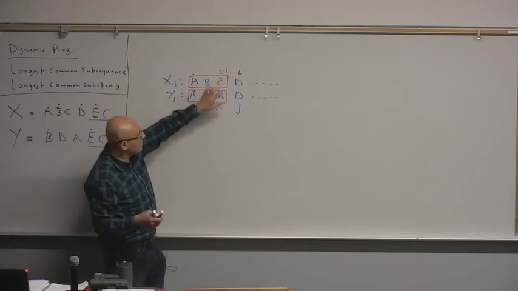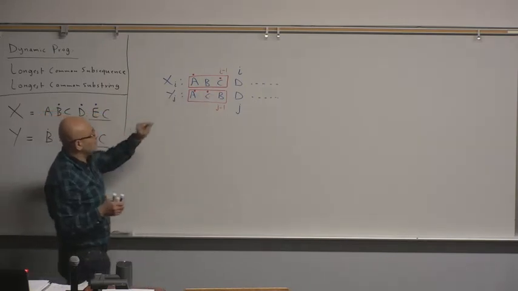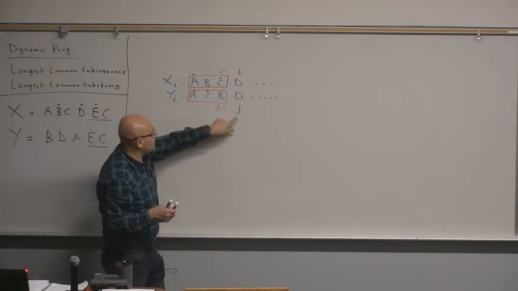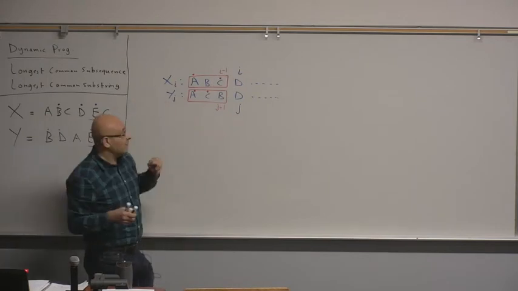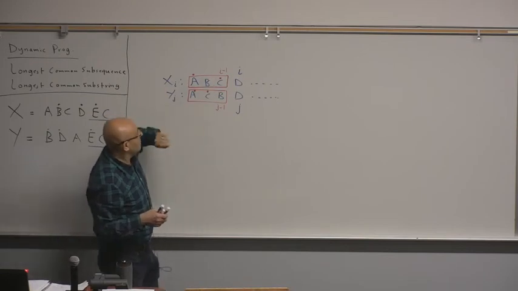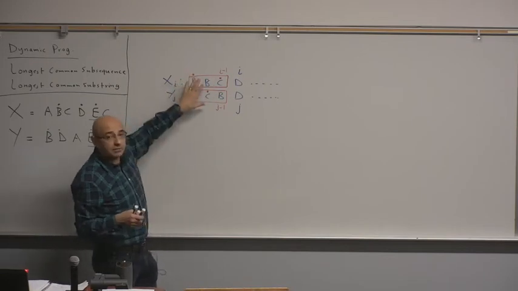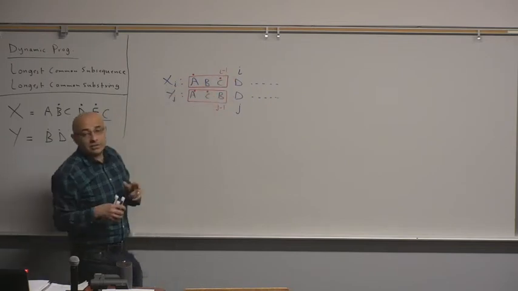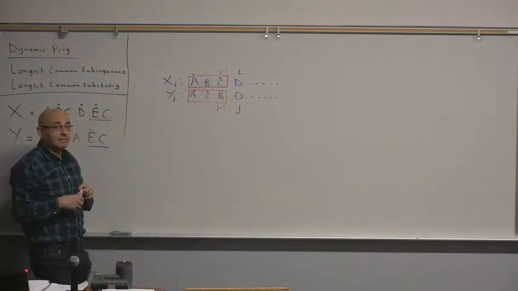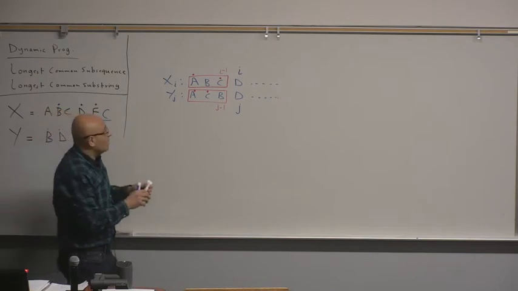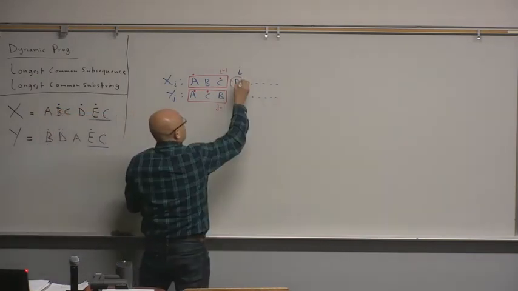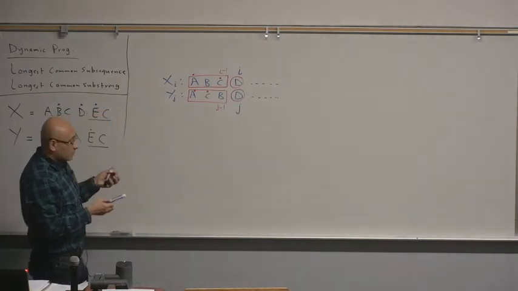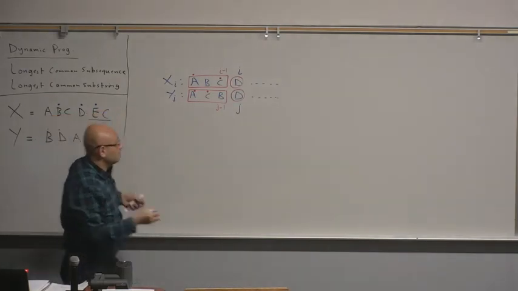If you are at index I in string X and at index J in string Y, then you can look at the subproblem that you have solved previously, and you just add this character to it. Under what condition? If they're the same, if this and this are the same, then we just add the character to it.